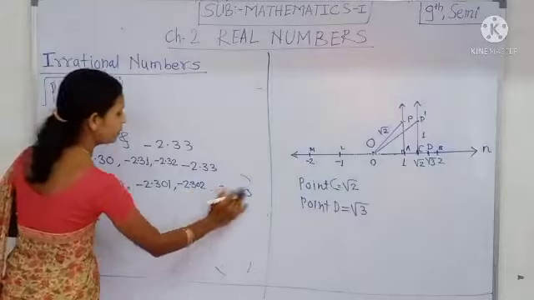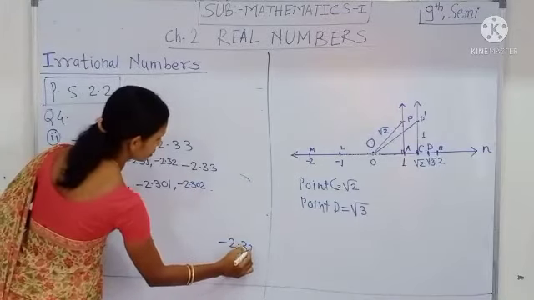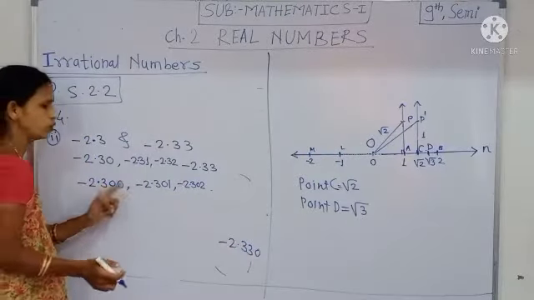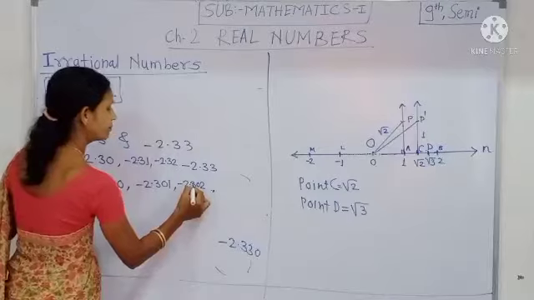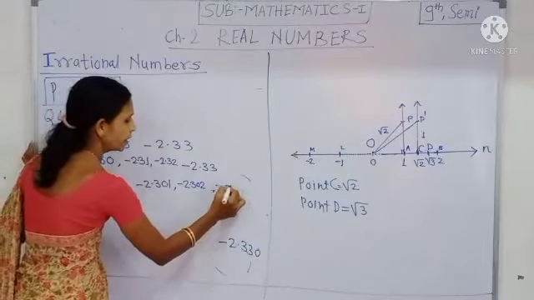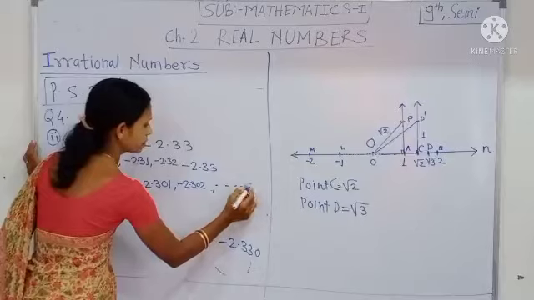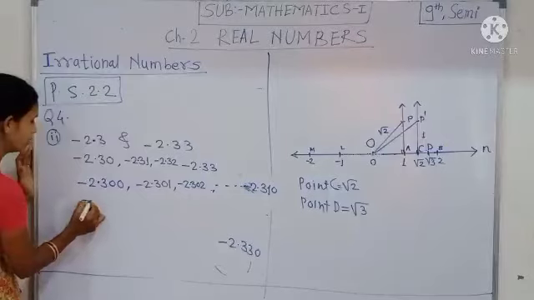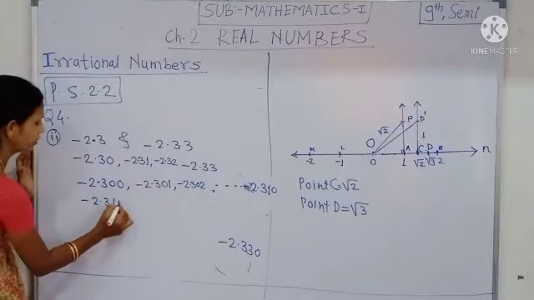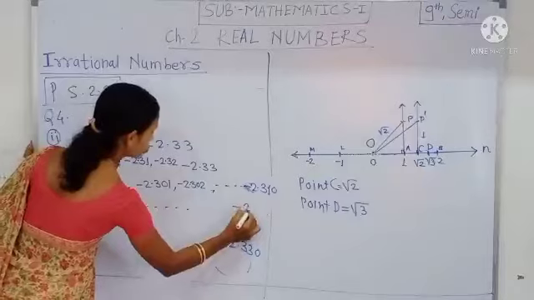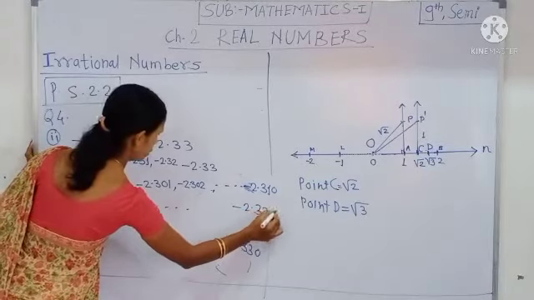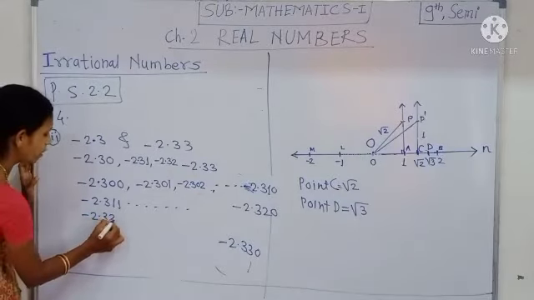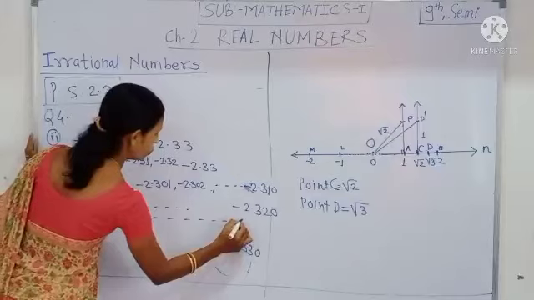Like that we can write the numbers between minus 2.330 and minus 2.300. Like that we can write minus 2.310 as well as minus 2.311, dot dot, that is minus 2.320 as well as minus 2.321.